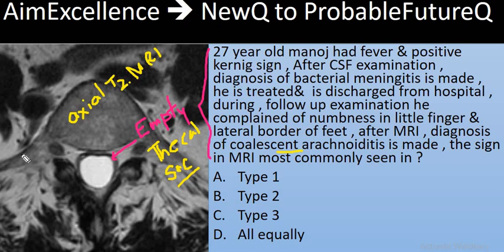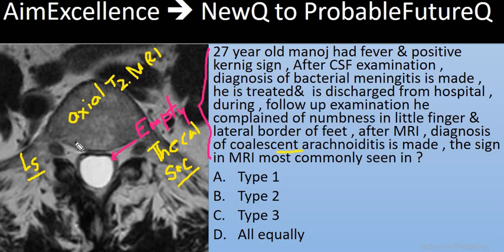Why is it done at L5? Because the spinal cord is not there, so nerve roots can be easily visible. It is actually seen in the normal case. It is actually freely circulating in the CSF.